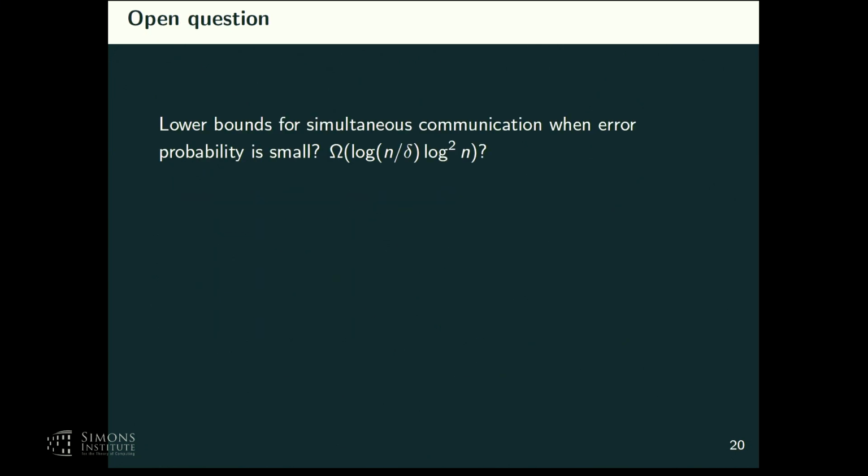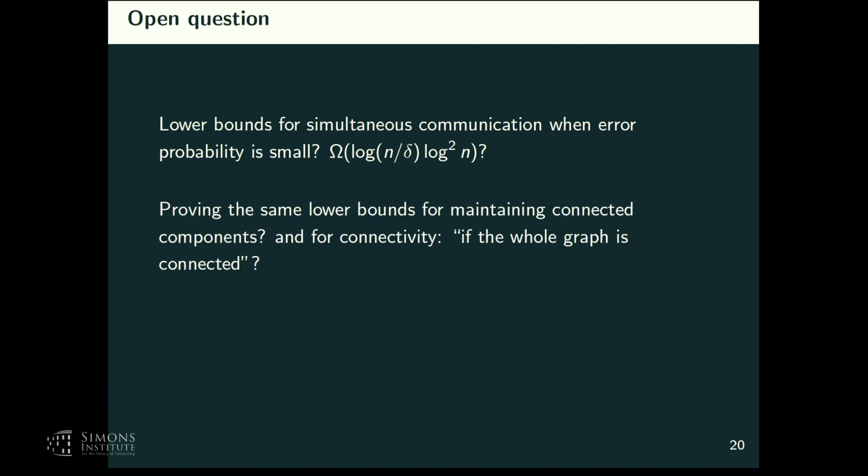So one open question is whether we can prove a higher lower bound in this model when the error probability is actually much smaller. Can we prove a lower bound that matches the upper bound of log n over delta times log n squared? And also, our lower bound proof uses heavily the fact that we're actually computing a spanning forest rather than maintaining, maybe, the connected components or maintaining the 1 bit of whether the whole graph is connected.